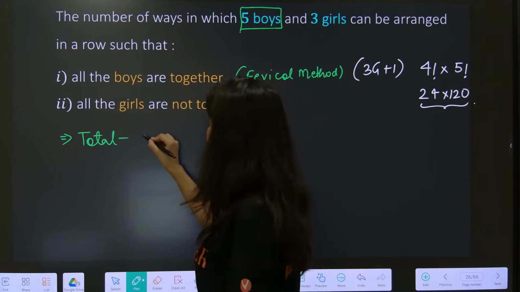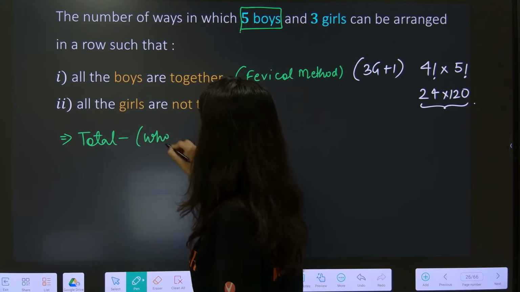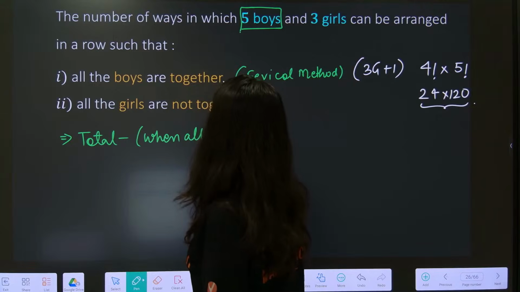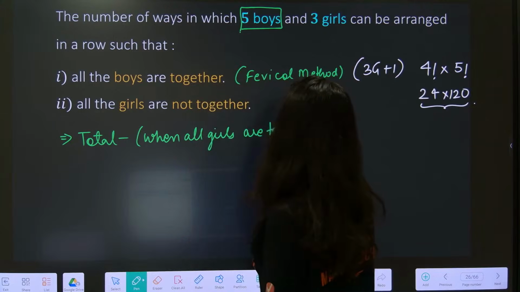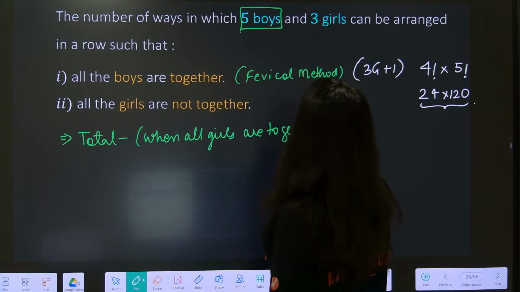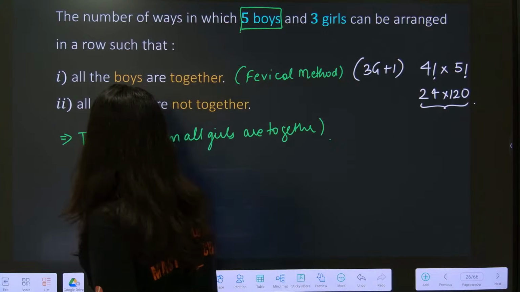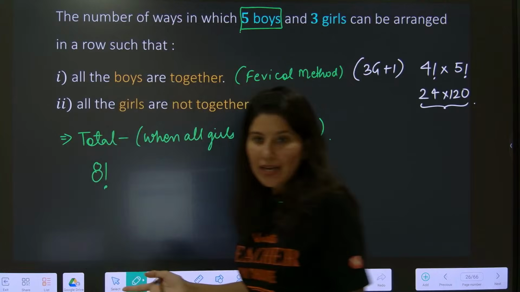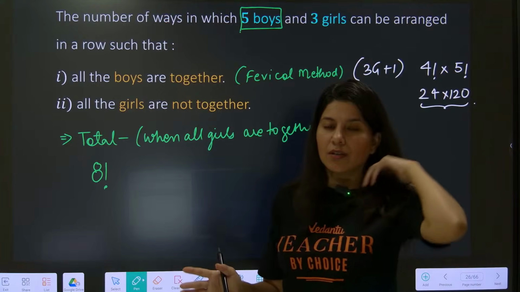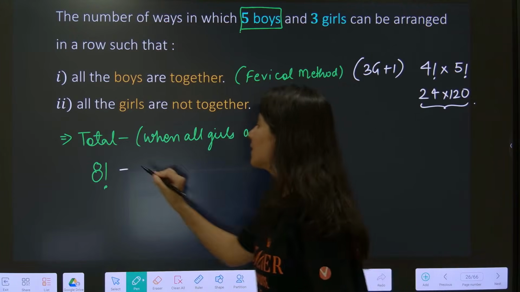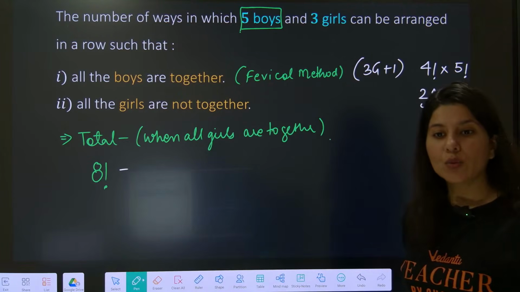Total minus when all the girls are together. Total, 5 and 3, so total is 8 factorial. 8 people are there, you have no restriction. Total means no restriction. 8 factorial minus when all girls are together.